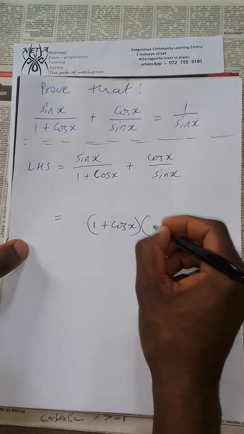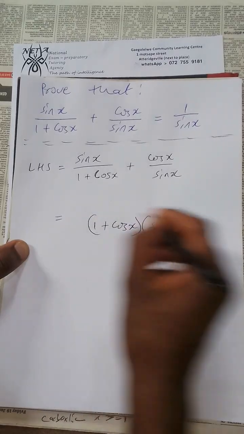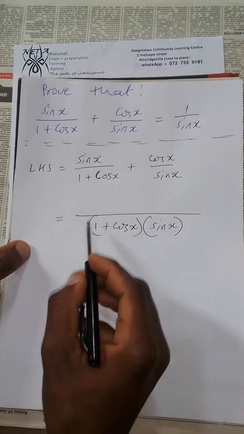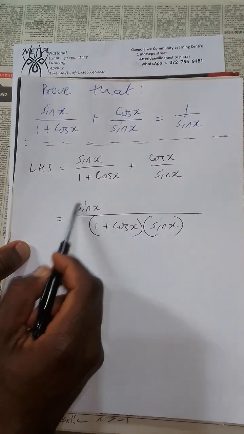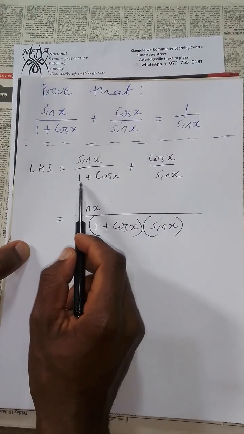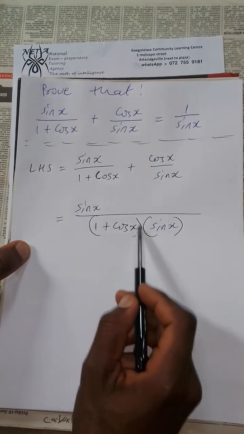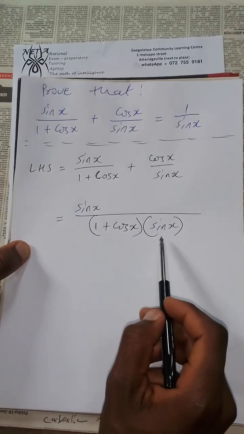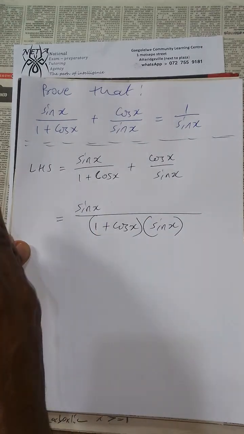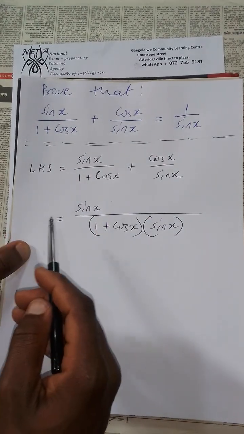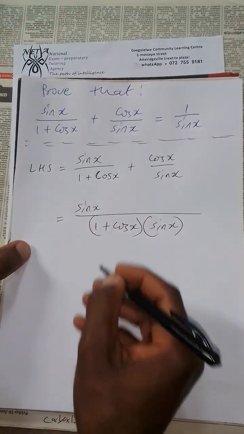Cos x, sin x. Now you can see that your numerator of sin x has the denominator of 1 plus cos x. We have to allocate this denominator to your sin x so that this side has the same denominator as the other side of the fraction.